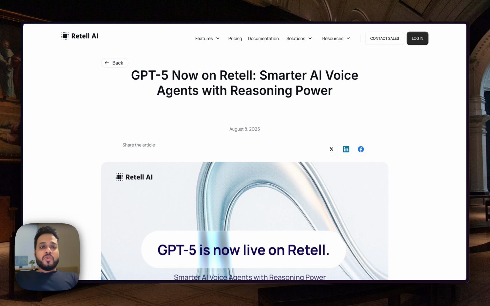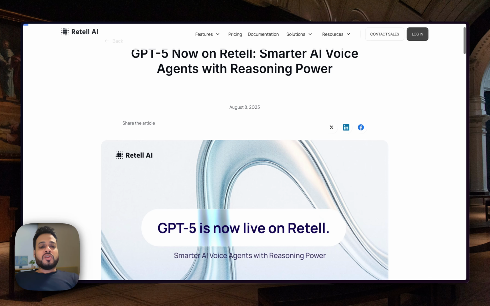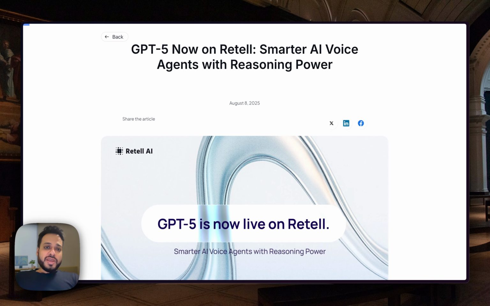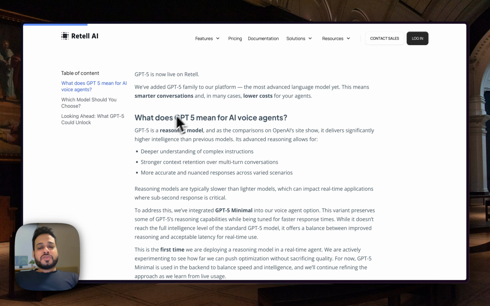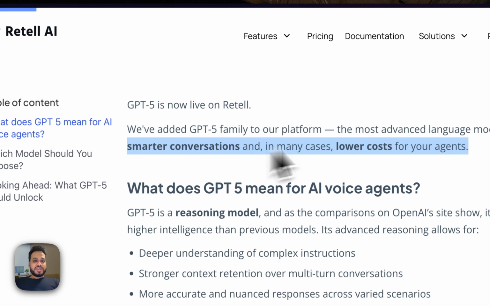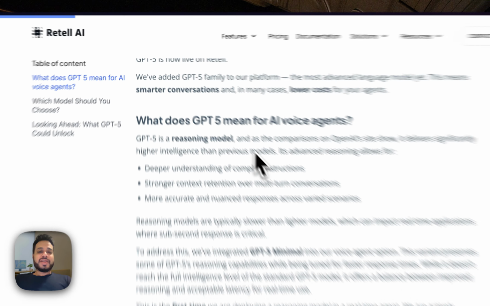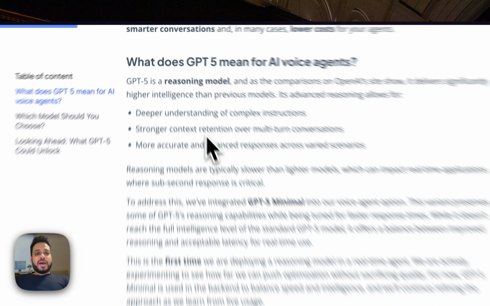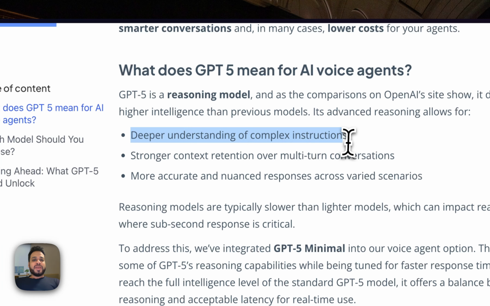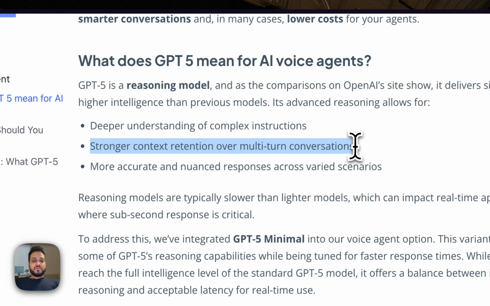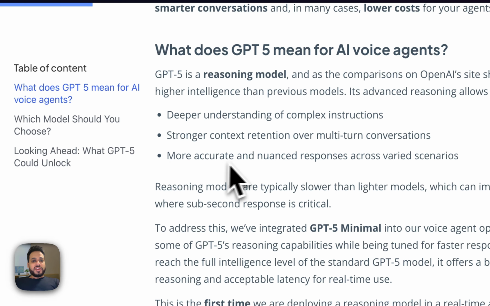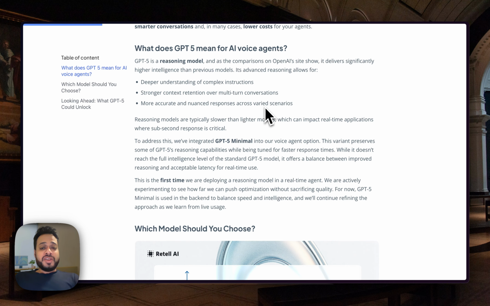Now let's come to Retell, which is a more detailed information on how they are including GPT-5 on their platform. So here they start the introduction by that using GPT-5 we'll have smarter conversations at lower costs. We'll see about this when we go to benchmarks, but let's go with the flow right now. So GPT-5 is, as you know, reasoning model, and this will have deeper understanding of complex instructions, stronger context retention with multi-turn conversations, very important, and more accurate and nuanced responses across various scenarios.